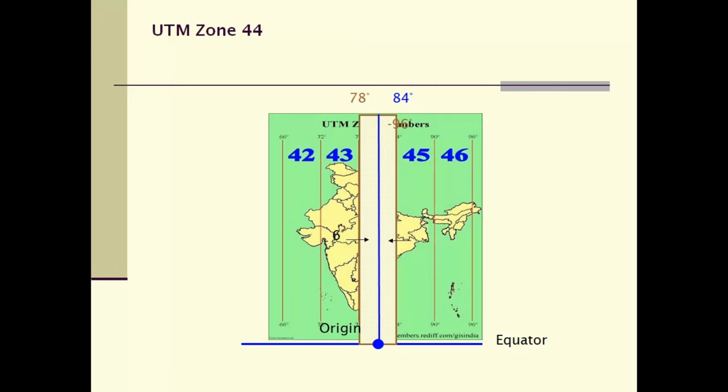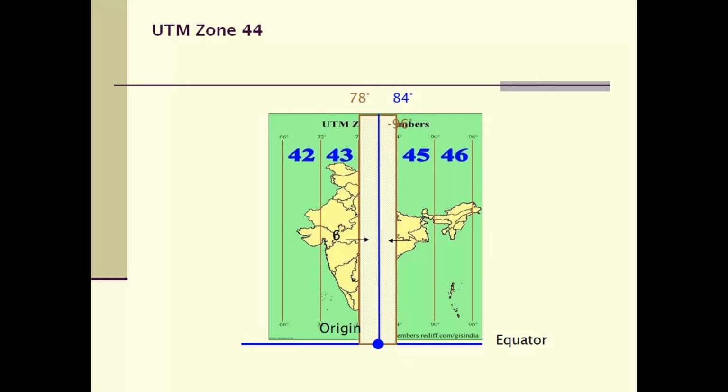Suppose currently we are using a project which lies in Telangana, and I think zone 44 covers my area, so we should use UTM 44. Another thing is you have to tell whether the data is in the northern or southern hemisphere. Because India is in the northern hemisphere, we should use UTM 44N.